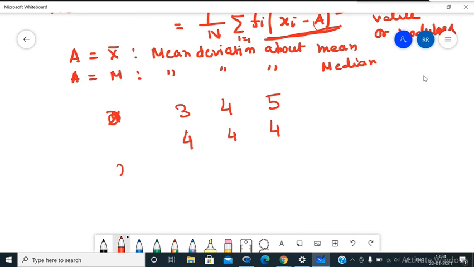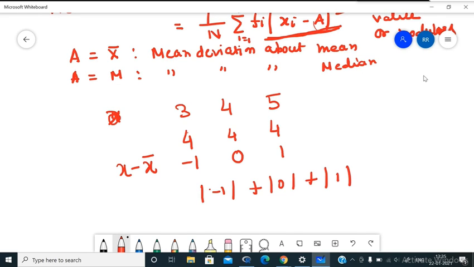This is x minus 4: -1, 0, 1. And what is the average deviation? -1 plus 0 plus 1, and whole divided by 3, because all observations have one frequency. So this is mean deviation about mean.